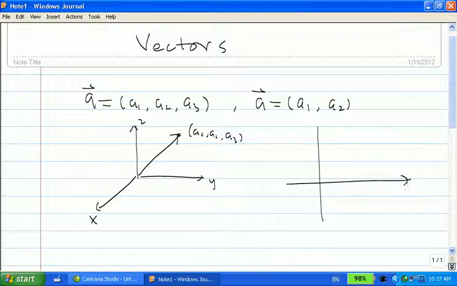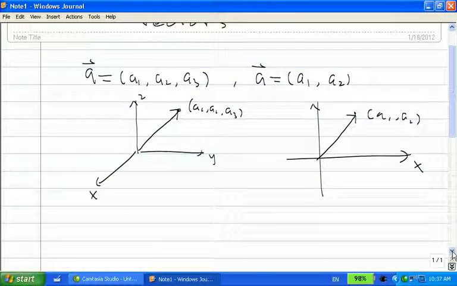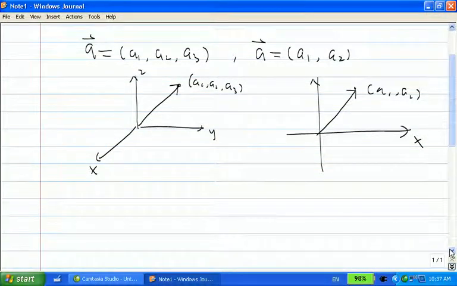In two-dimensional space, A1 and A2 give a point, and the vector A always starts at the origin and ends at the given point. So a triple can be considered a point in three-dimensional space or a vector, which always starts at the origin and ends at the point described by A1, A2, A3.